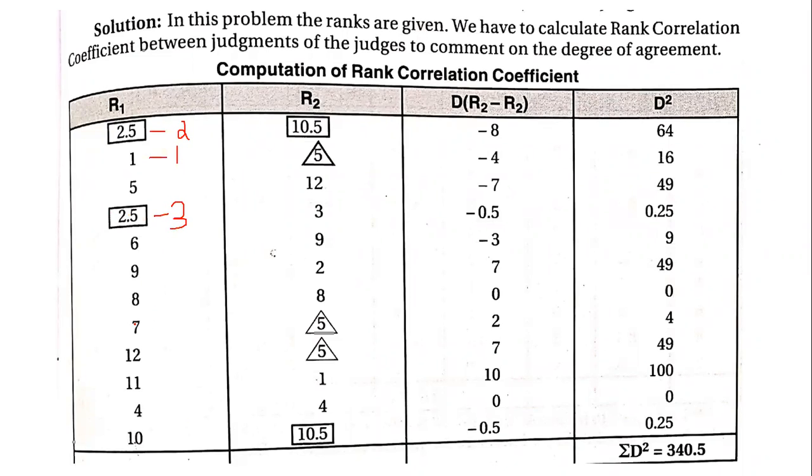Then the next rank is supposed to be 4. 4 is there. Then 5 is there. 6, 7 is there. 8 is there. 9 is also there. 10, 11, 12. Okay, except that 2 and 3 are repeated, rest all the ranks are there.